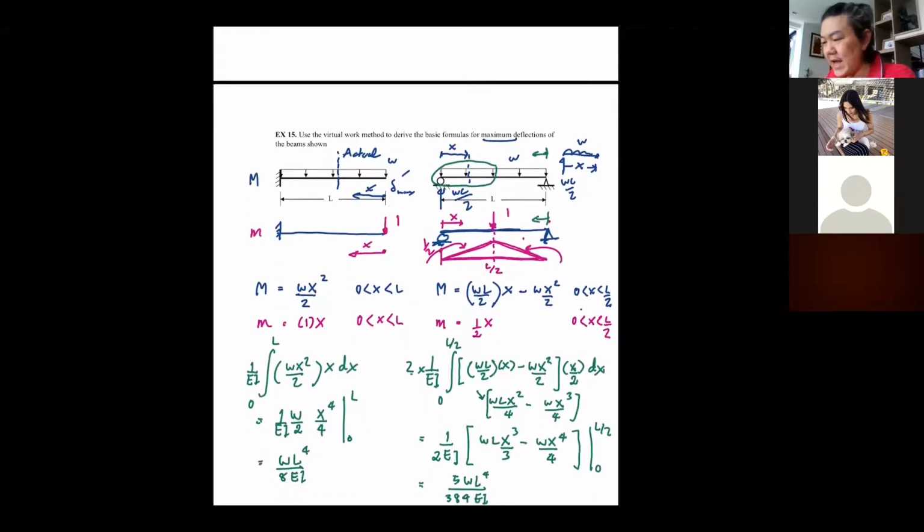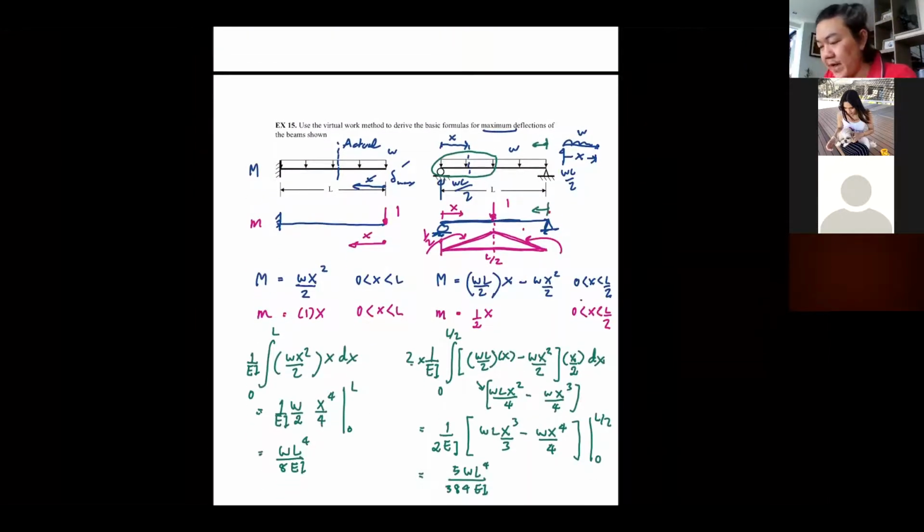See, so we now know that if we have the external load like this, okay, the calculation of the displacement shows that the delta max here is WL to the power of 4 over 8 EI.